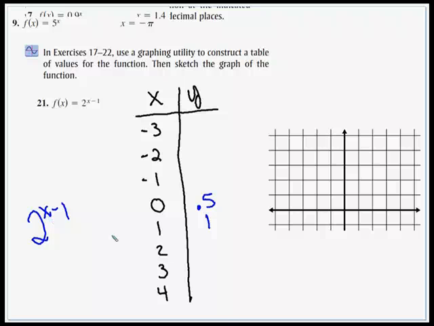Now I plug in a 2. 2 minus 1 is 1, so 2 to the first power is 2. If I plug in the 3, 3 minus 1 is 2. 2 to the second power is 4. Plug in the 4. 4 minus 1 is 3. 2 to the third is 8. And now let's do some of these negatives.